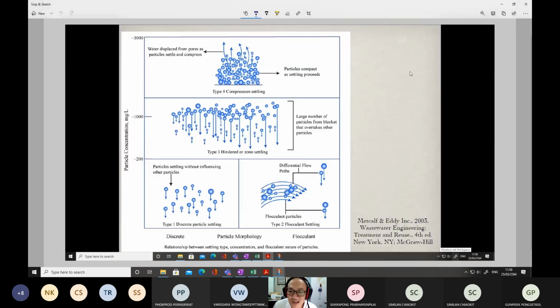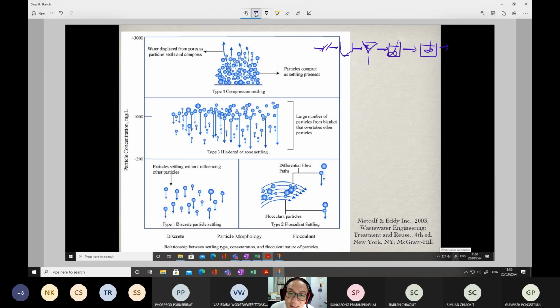Suppose this is the flow diagram of the water treatment. It begins with the screen, followed by the grit chamber, followed by the primary sedimentation tank, and then we provide agitation, a rapid and a slow mixing tank.